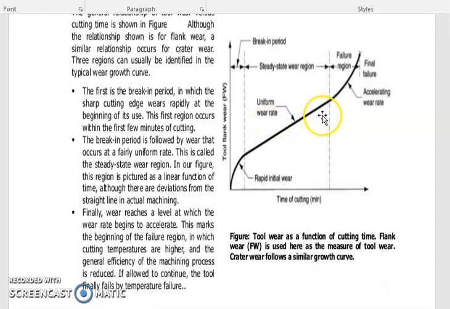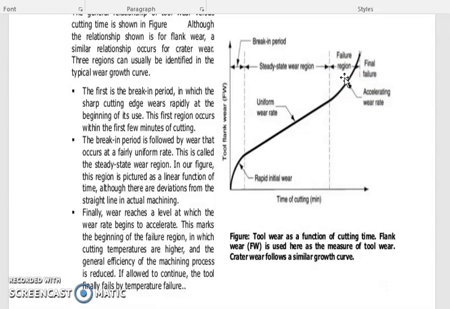Then finally, as time proceeds further, as expected, the wear rate will continue to increase at an accelerating rate. So the failure region, the last region, corresponds to the accelerating wear rate, and it corresponds to the failure region.